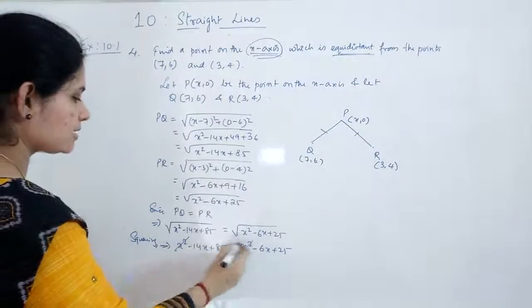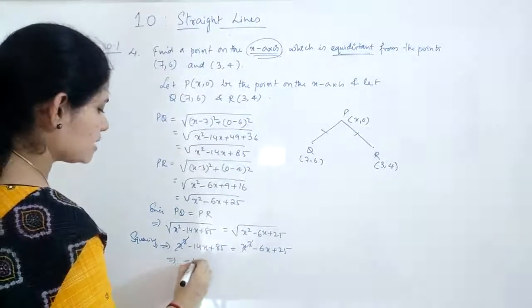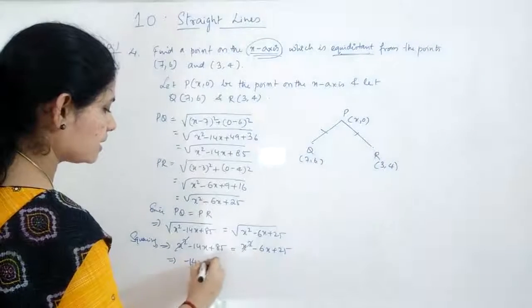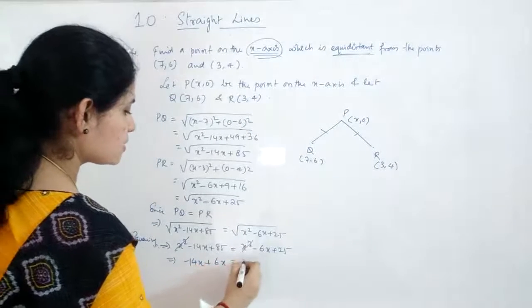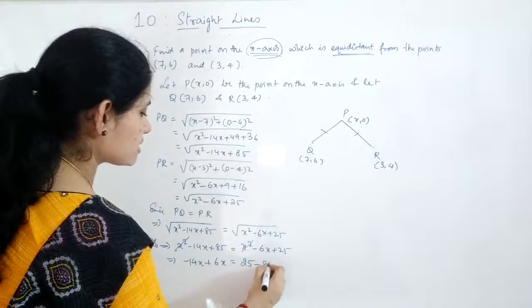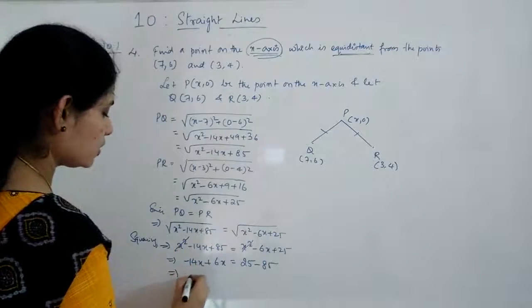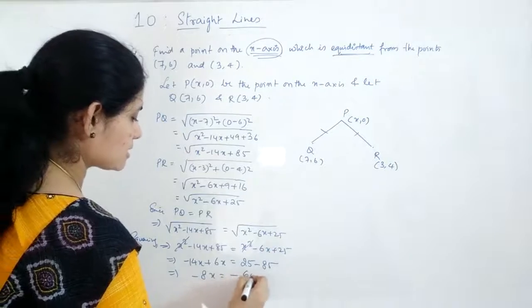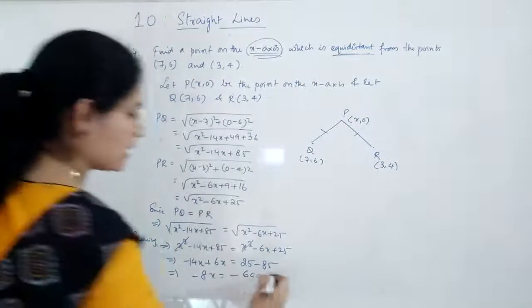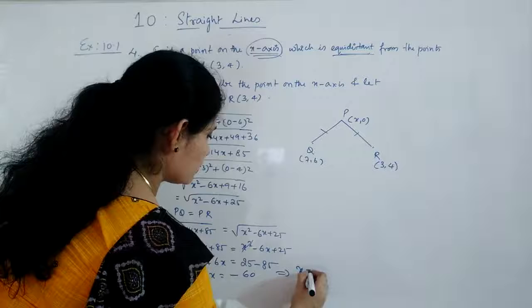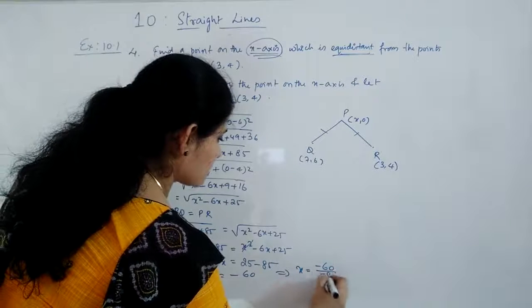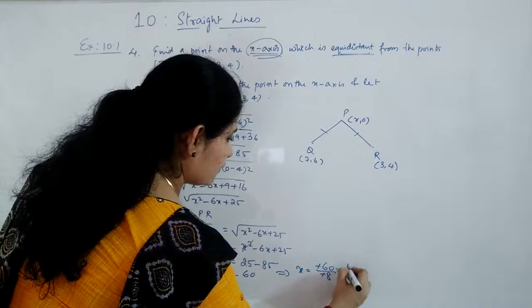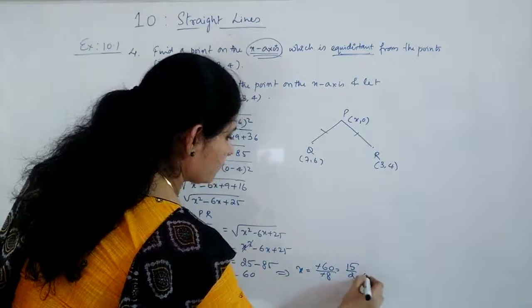X square get cancelled. Here you have minus 14x. This will come here as plus 6x is equal to, here you have 25 minus 85. This is giving you minus 8x. Here you will have minus 60. Okay, so that you are getting your x to be minus 60 by minus 8 or 15 by 2.